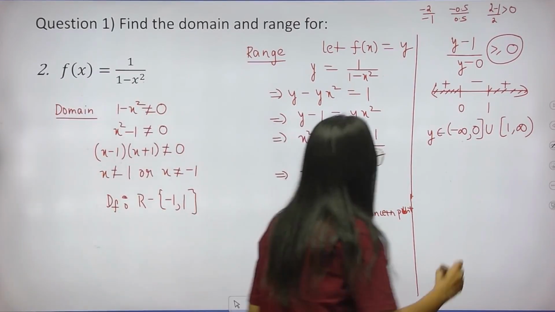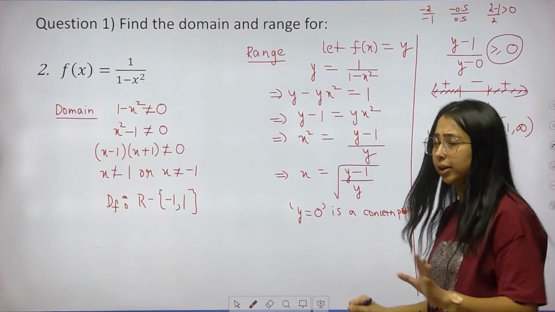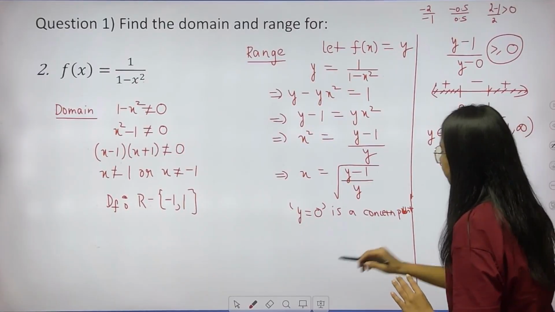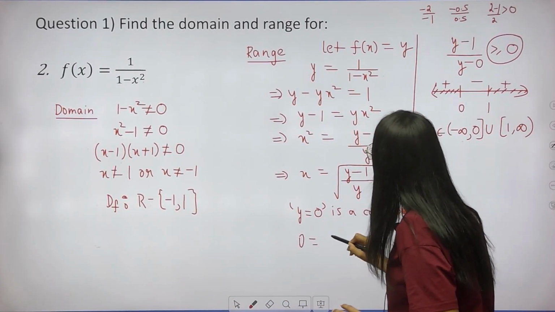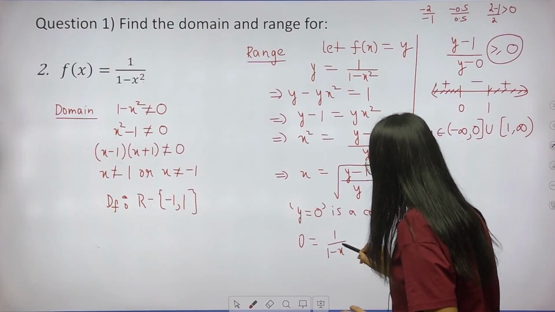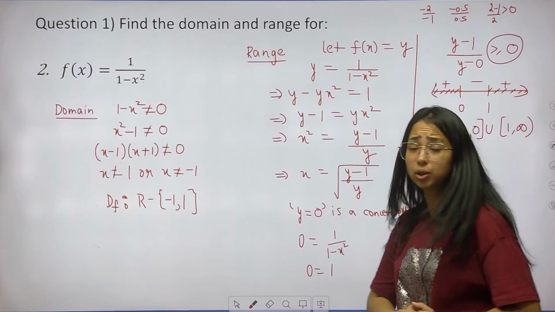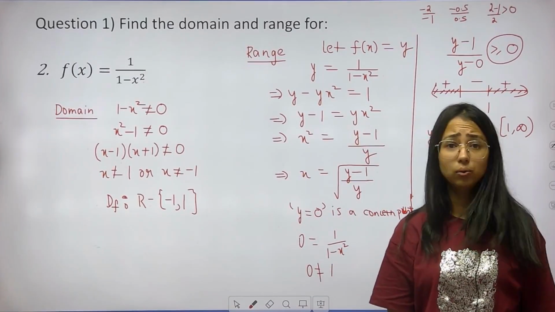So for checking that, in place of y we'll take it as 0. So 0 will be equal to 1 over 1 minus x square. Okay. So cross multiply, we get that 1 is equal to 0. Is 1 equal to 0? No. It is not equal to 0.